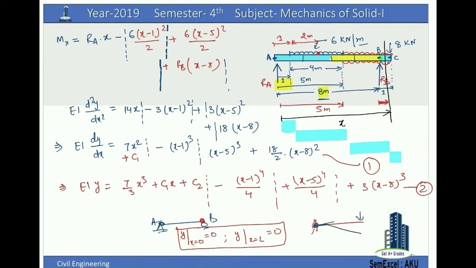So the boundary conditions will be y at x is equal to 0 and slope dy by dx at x is equal to 0 is 0. These two are boundary conditions for a cantilever beam and these two are boundary conditions for a simply supported beam. Here in this question we have a simply supported beam, so we will apply this boundary condition.